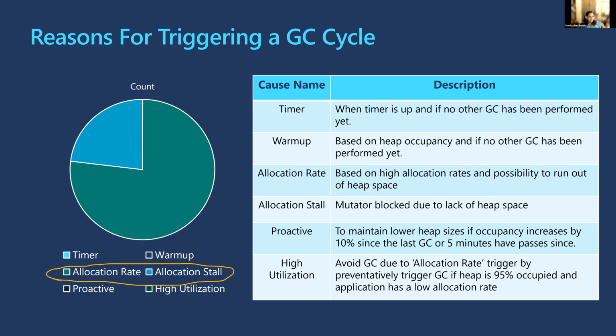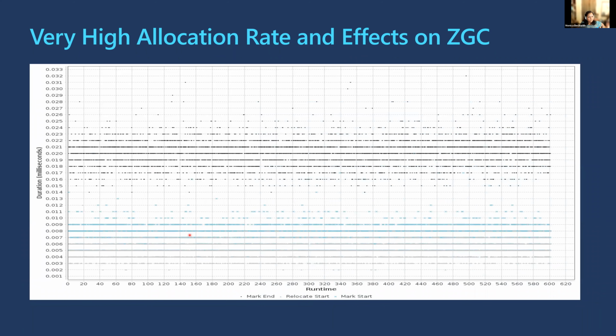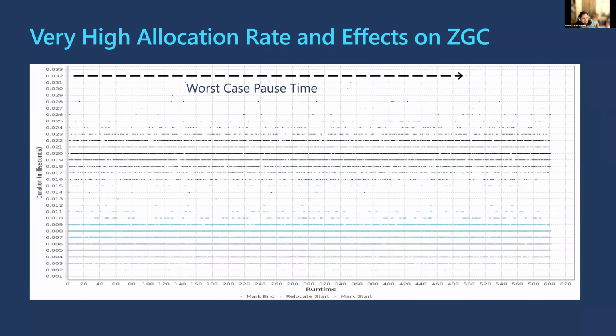So how does this look in your pause layout here? This is the worst case pause, highlighted right there. Even though it told the application to back off, ZGC still maintained less than 1 millisecond.